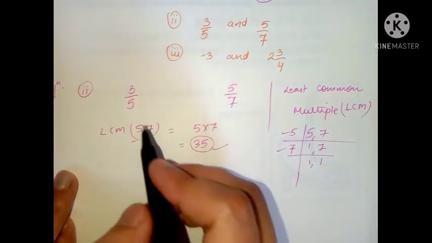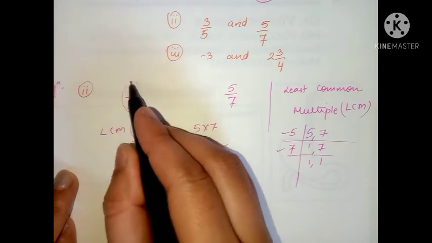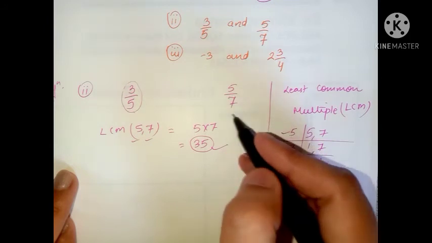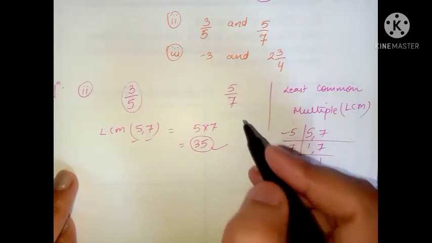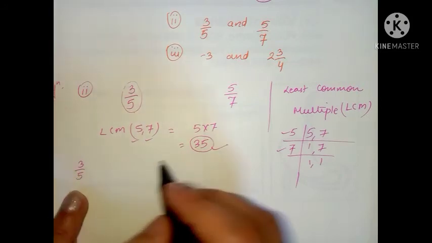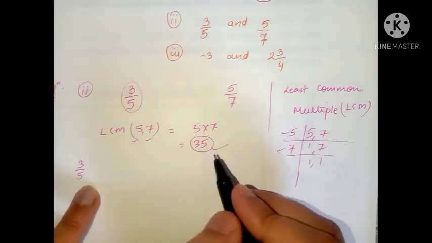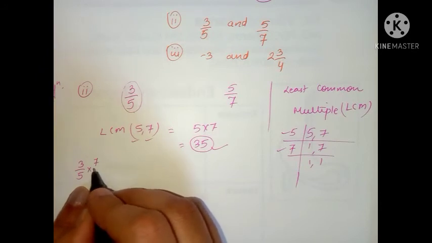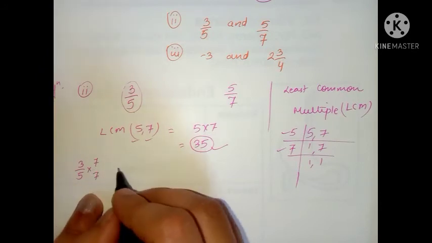So now our task is to make the denominator of this number 35. Similarly, the denominator of this number as 35 as well. So for making this number with denominator 35, we need to multiply with 7 in the numerator and the denominator both.